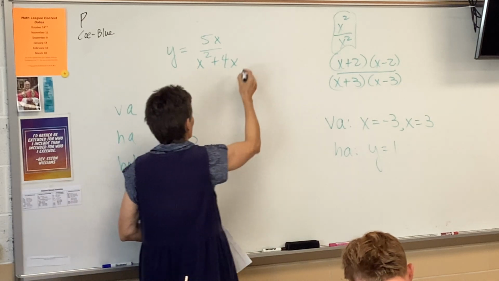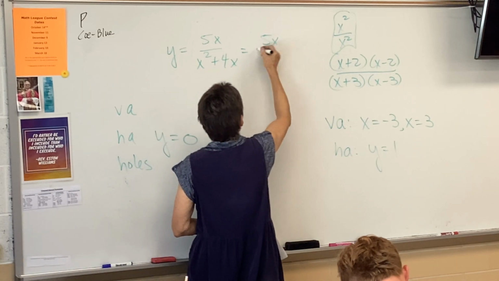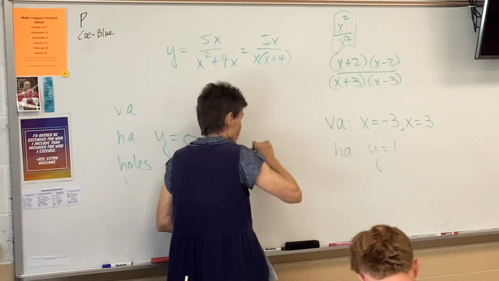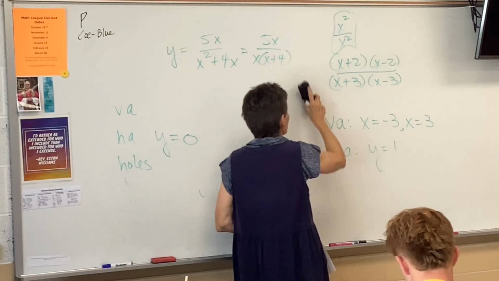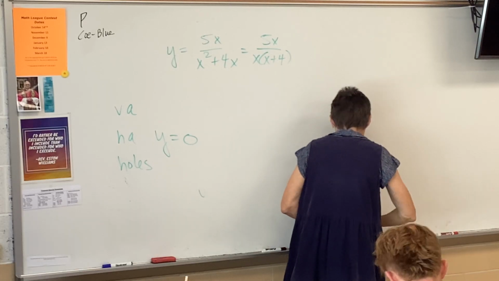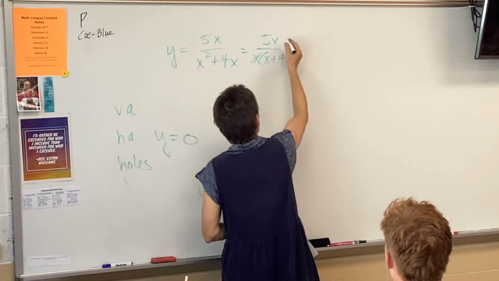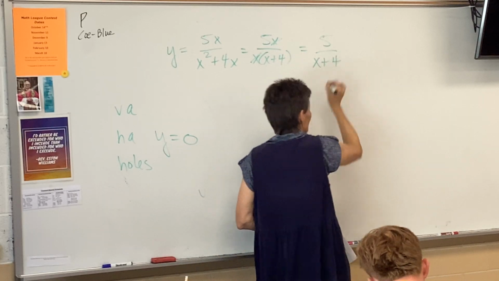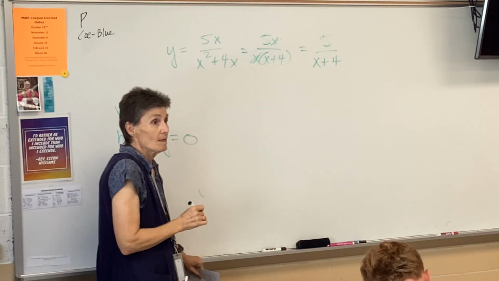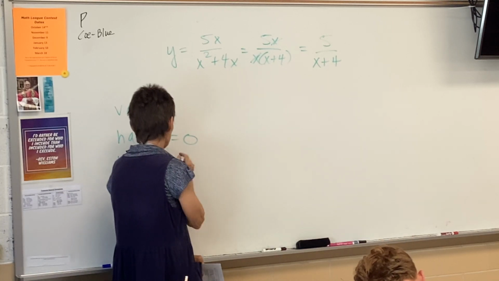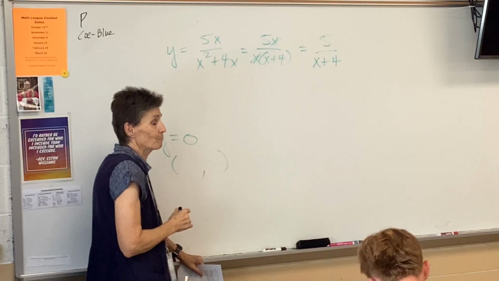Now, somebody already observed I can factor the denominator, which is exactly what I should do. And then I notice, after I factor it, that I can cancel, and that leaves me with that. The fact that I cancel means I'm going to have a hole.